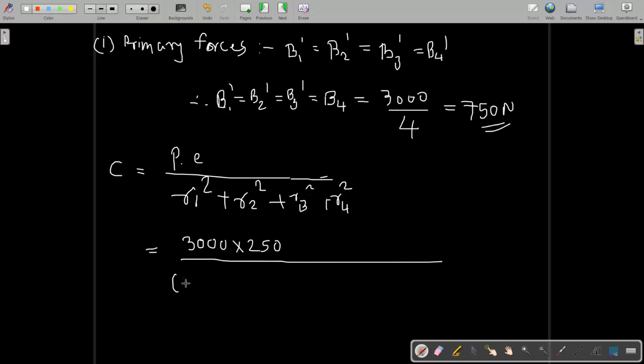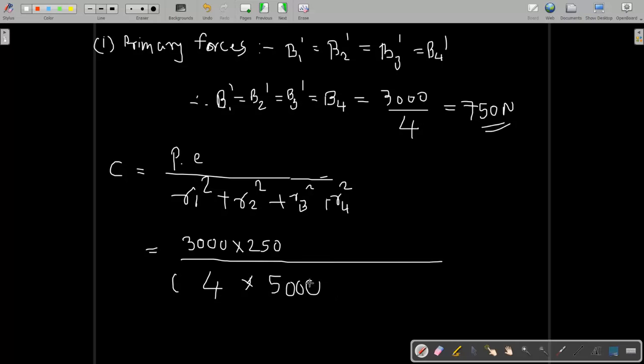So here you can say root 2 into 50 square, root 2 into 50 square, root 2 into 50 square, root 2 into 50 square will become 4 times, okay, into the whole square, that is 5000.